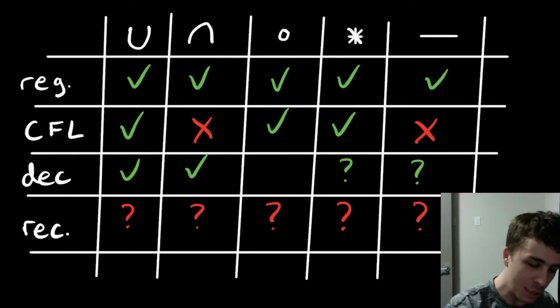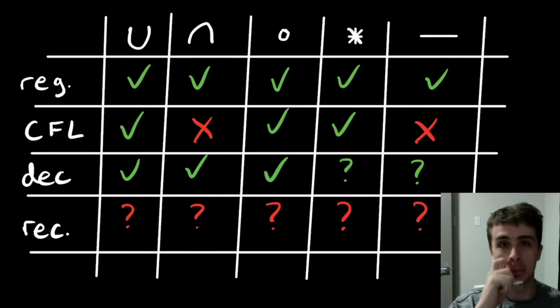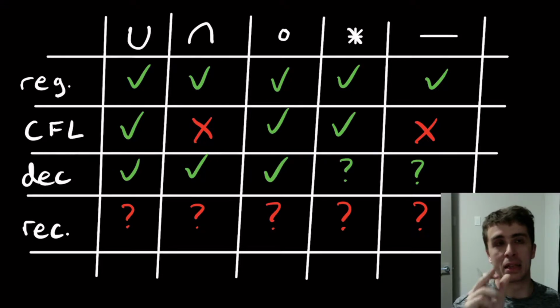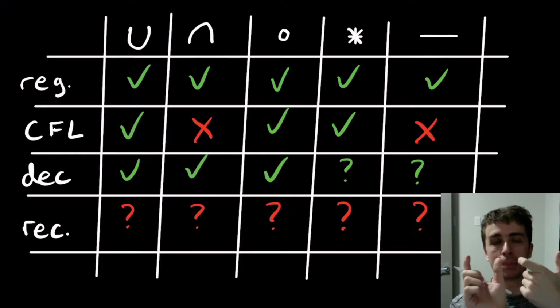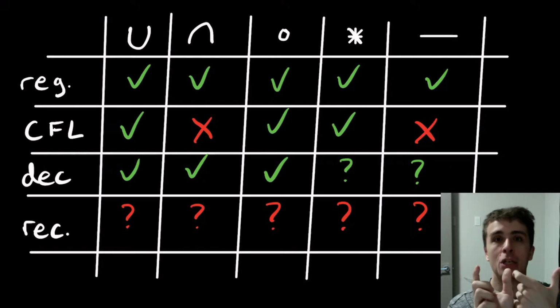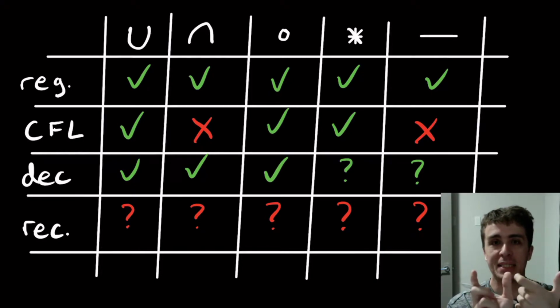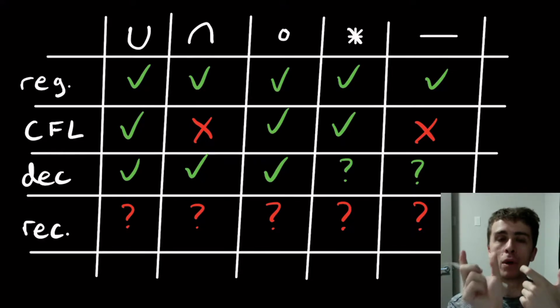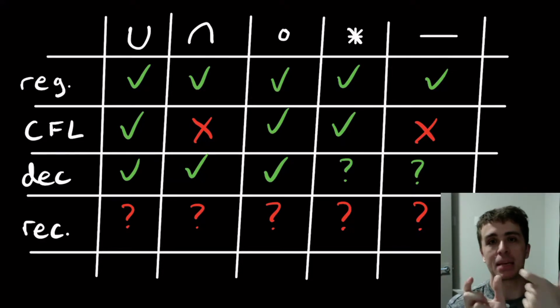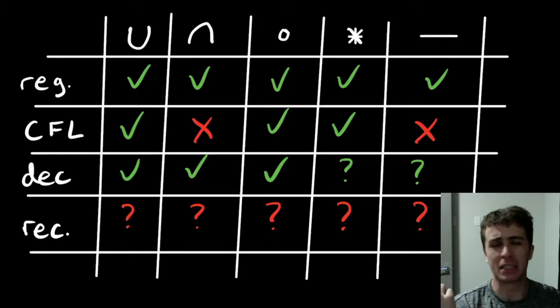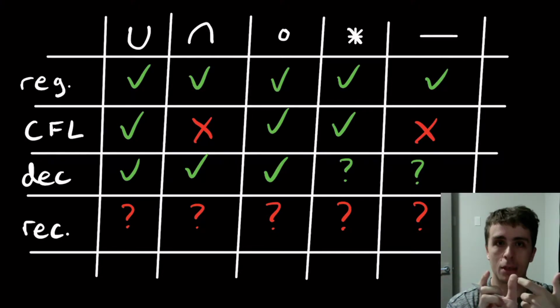For concatenation, the actual answer is yes. And the idea is that you're asking if the first piece belongs to the first language and the second piece of the string belongs to the second one. And you don't know what split it is, so what you do is you go over all possible splits of the string into two pieces, and you run the first piece on the first machine and the second piece on the second machine, maybe with a multi-tape or something, and you accept it.